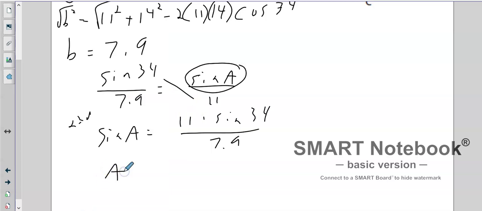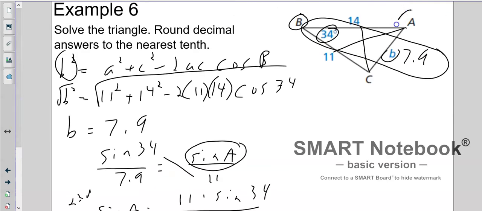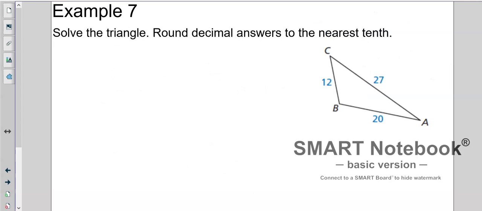So angle A is 51.1 degrees. And then to find angle C, all we do is add these two and subtract from 180. That gives us here 94.9 degrees. We just solved everything.